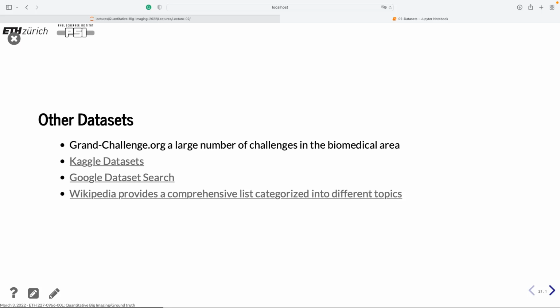Companies can put up a question, solve this for us, and then the winner gets the money. With Google Dataset Search, you can also look up data, actually quite a wild collection of data. And also on this Wikipedia page, there is a list of different databases categorized into different topics.